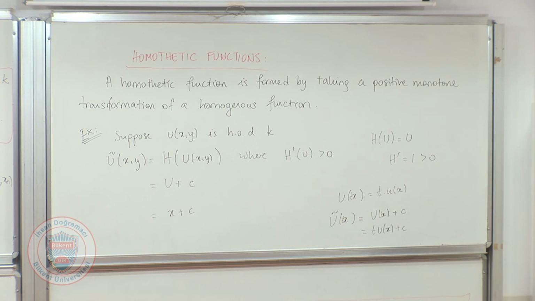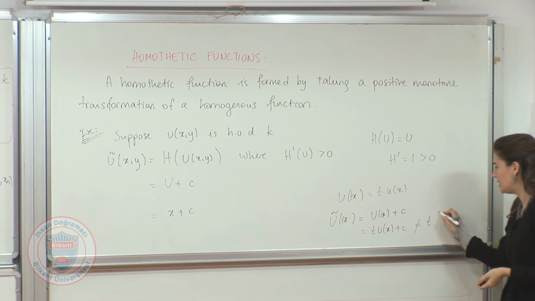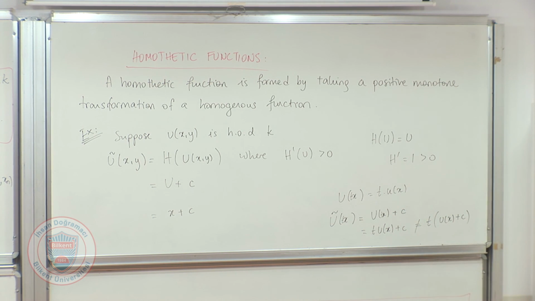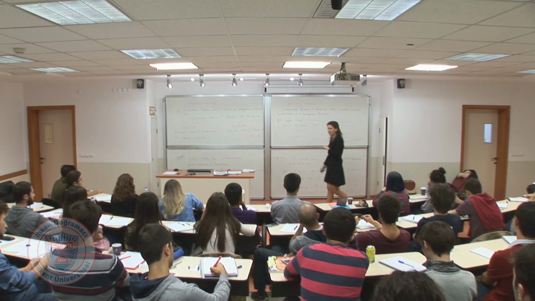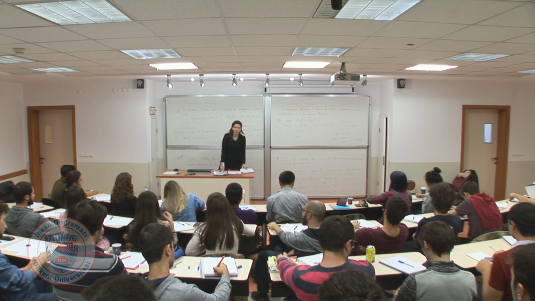Because c doesn't double, right? So the function's value doesn't double. So this is not equal to t times u of x plus c, right? So you see that that's why homothetic functions don't have to be homogeneous, but homogeneous functions are necessarily homothetic, okay? So this is basically the case. So let's give a break and then we'll continue, okay?